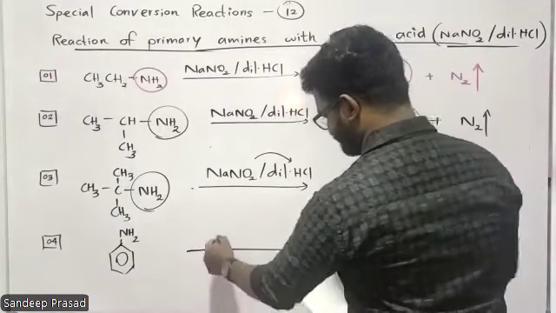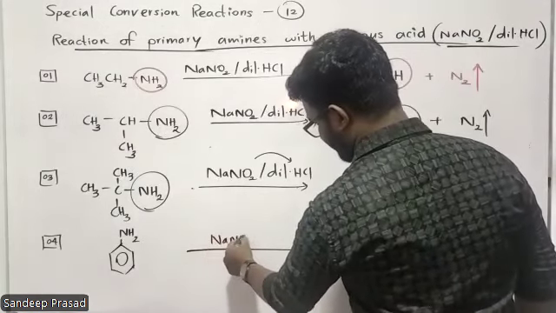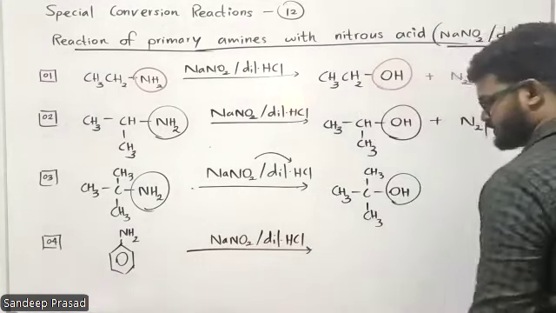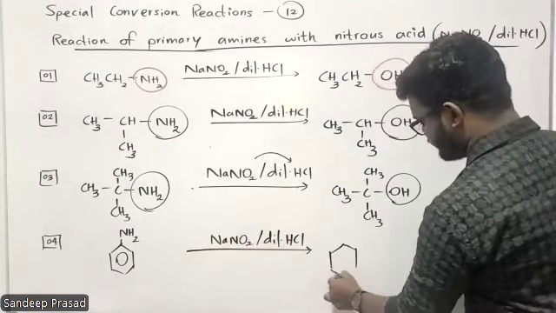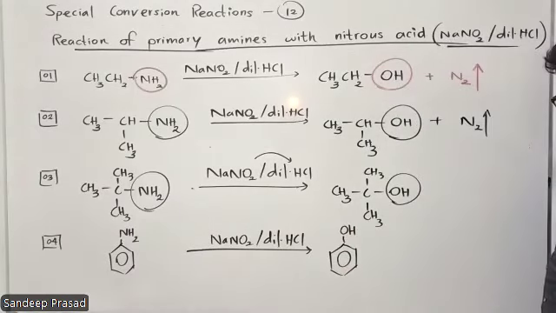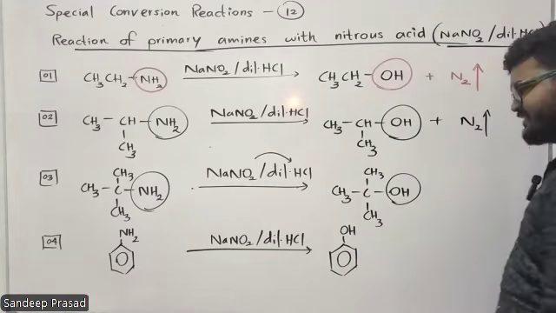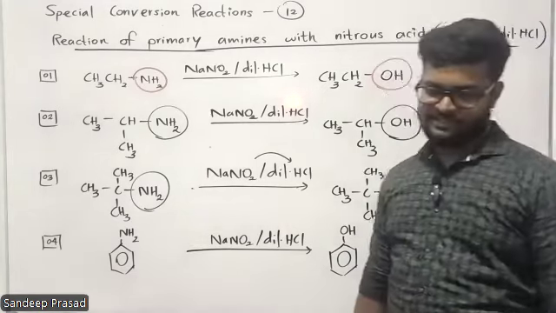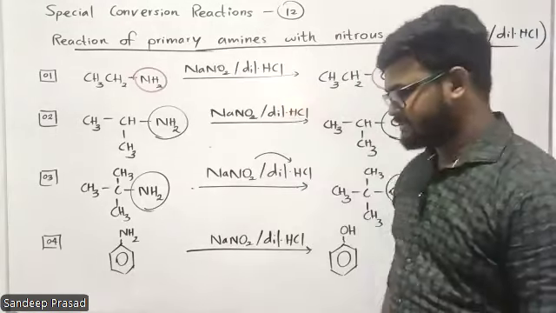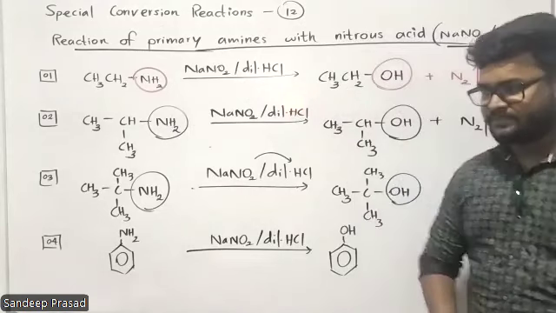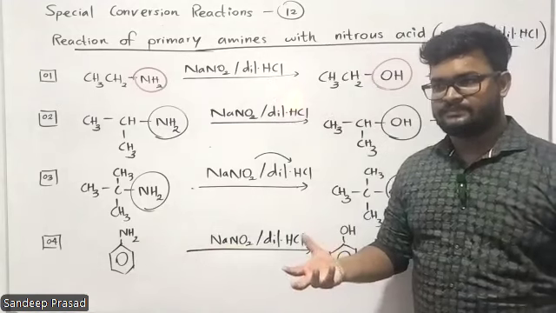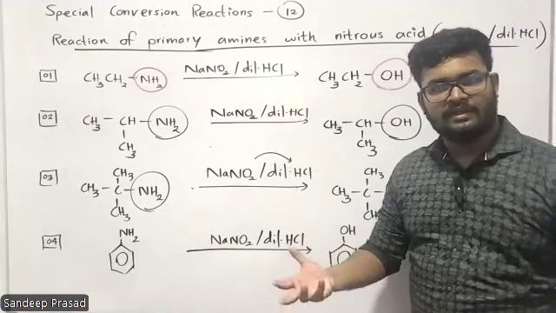So we are adding sodium nitrite and HCl. So what do you think? Yes. Here we have a product like phenol, OH. You expected that there is no reaction, right? But remember, NH2 is a benzene ring activating group.